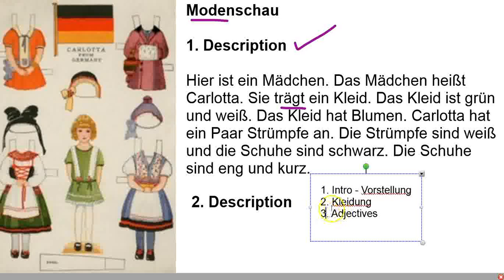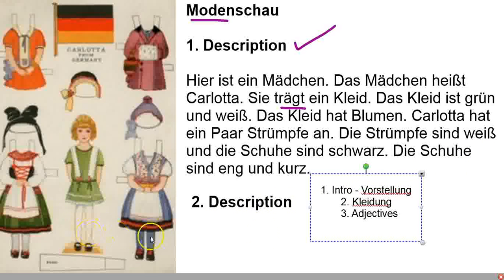As you describe the clothing, you're going to want to use adjectives to describe it. So more descriptors would be, das Kleid ist grün und weiß. Das Kleid hat Blumen. 1, 2 Blumen, ja. Carlotta hat ein paar Strümpfe an.